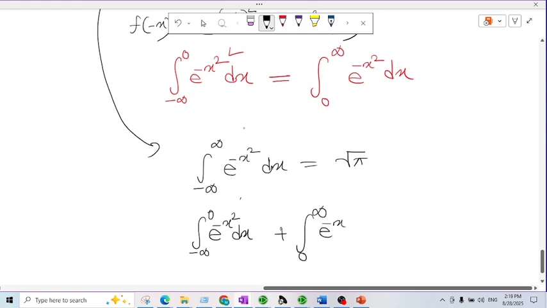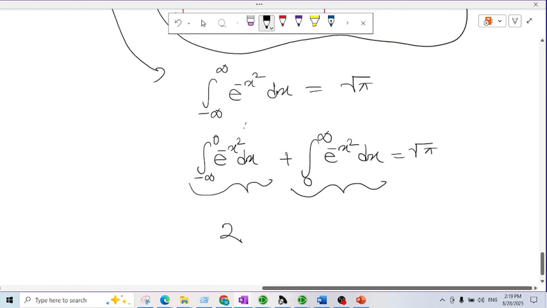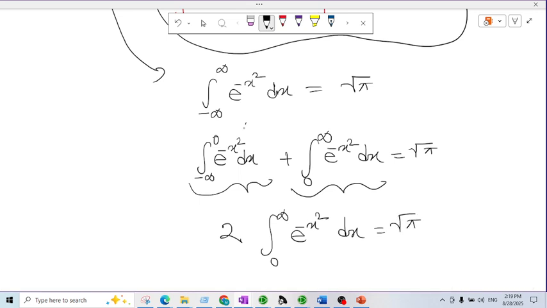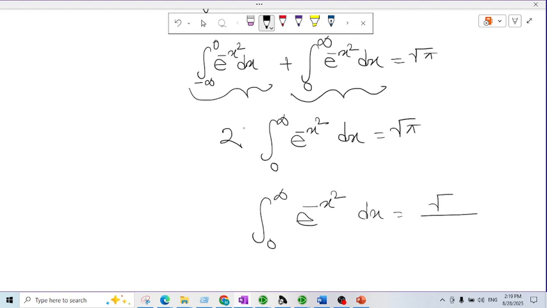You see this part and this part are the same, so we can write 2 into 0 to infinity e to the power minus x square dx. So 0 to infinity e to the power minus x square dx is equal to root over pi divided by 2.